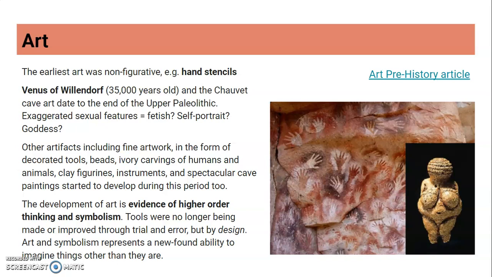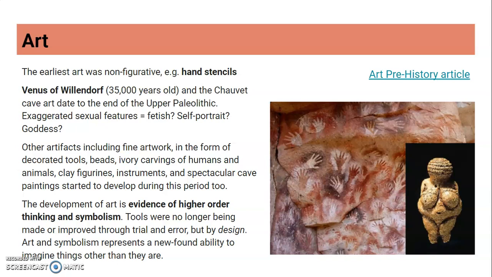Or perhaps she was some goddess representing the ideal figure of a woman and childbearing and all of those things. So heaps of things. Another interesting fact is that she doesn't have a face. So some thought, without having a reflection or a mirror, maybe the creator was doing a self-portrait and didn't know what they looked like. Heaps of debate around this.